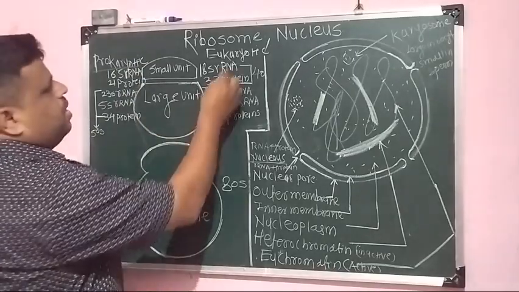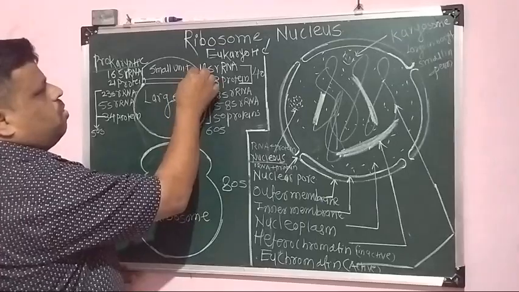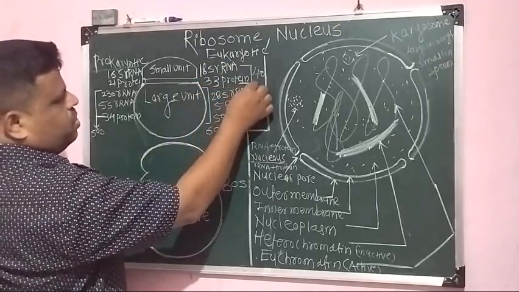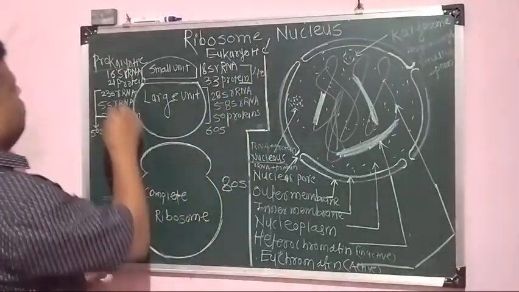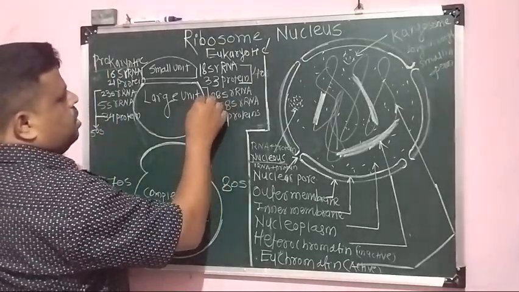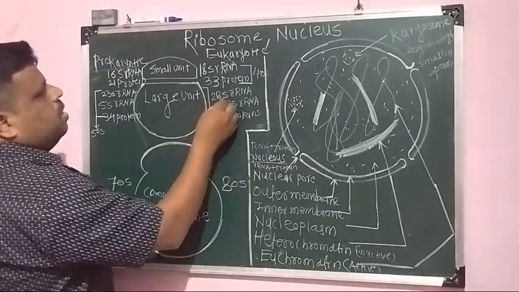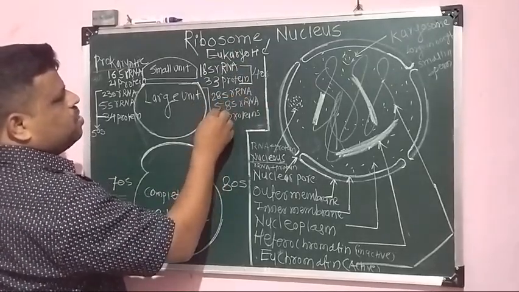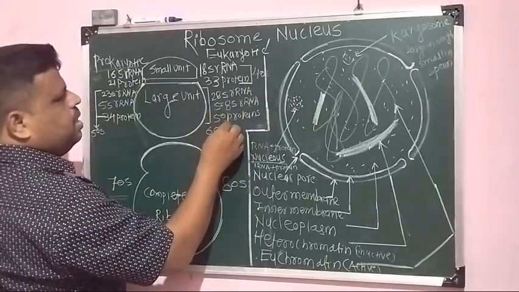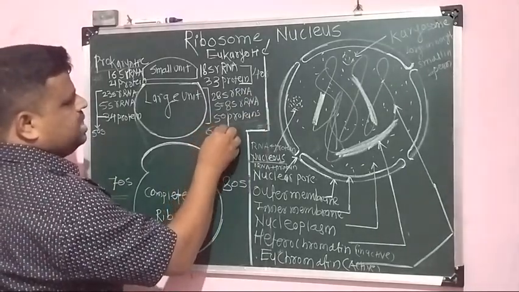Let us move towards the next one, that is the ribosome present in the eukaryotic cells. Basically a small unit of this type of ribosome is made up of 18S rRNA and 33 proteins. This becomes a 40S unit, while the prokaryotic one becomes a 30S unit. The large unit of the ribosome found in the eukaryotic cell is made up of 28S rRNA plus 5.8S rRNA, that is ribosomal RNA, plus 50 proteins, and this total becomes a 60S unit.